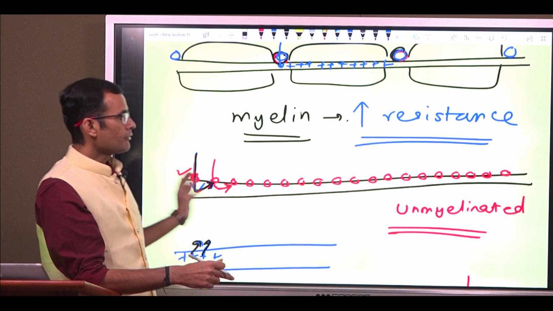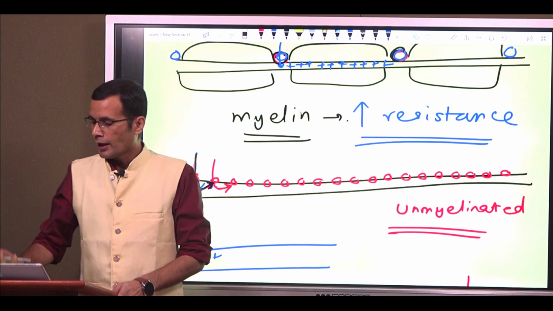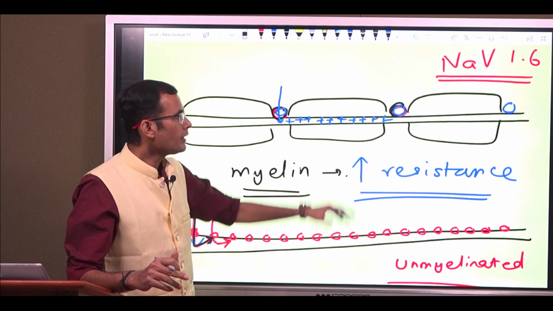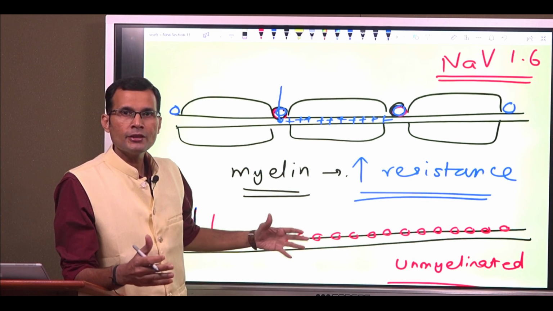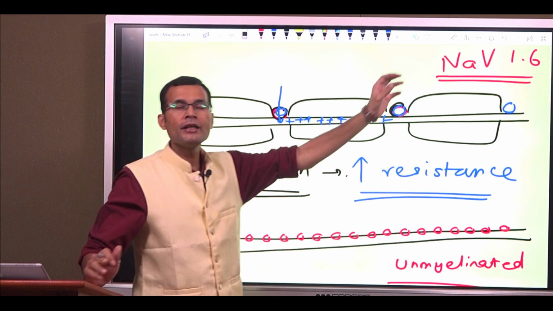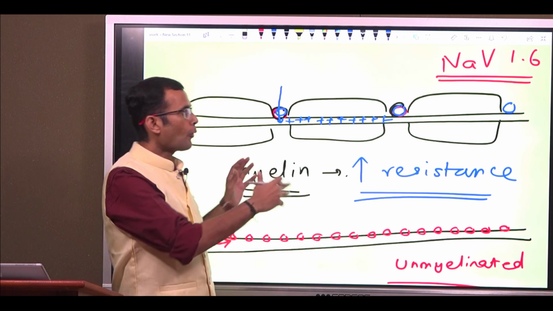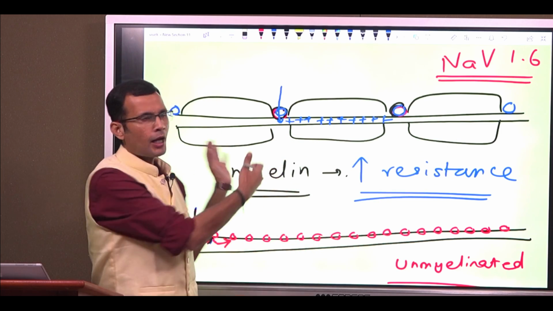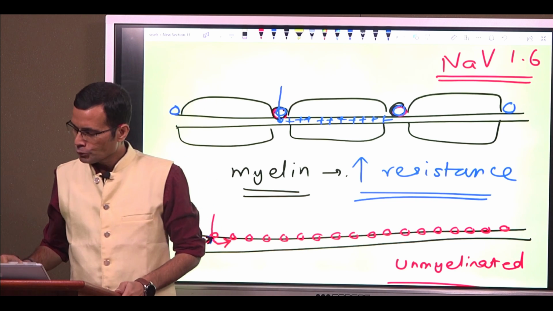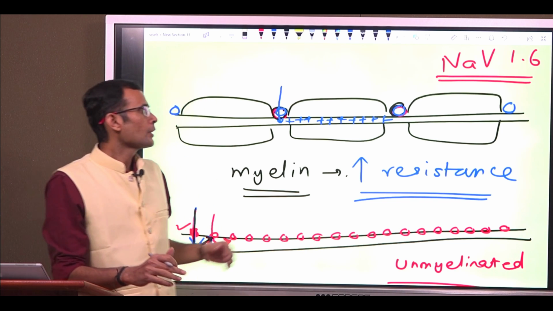So naturally this will be slower, and compared to that, the myelinated axon will be faster, because only a few points, the nodes of Ranvier, are going to depolarize and excite. So it's obviously going to be faster.